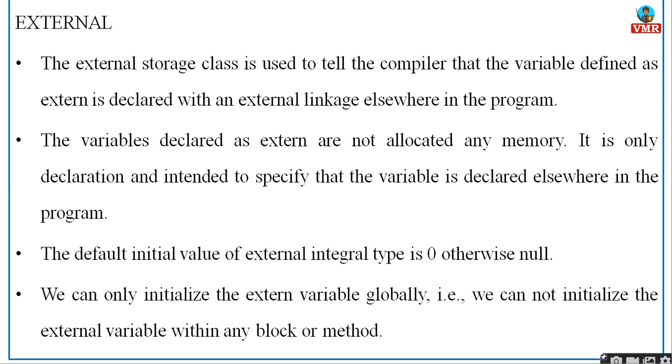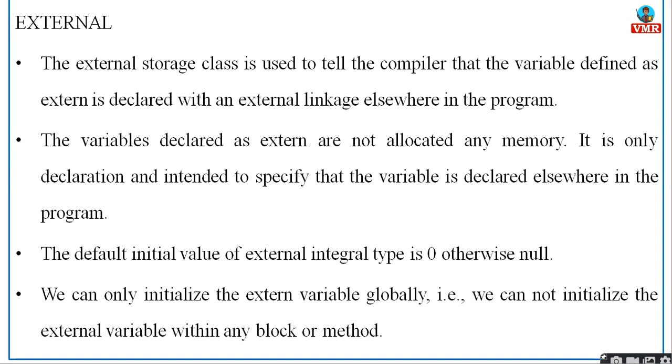And then finally comes external. The external storage class is used to tell the compiler that a variable defined as extern is declared with external linkage elsewhere in the program. So you are not going to declare the variable in your program, but you will be using it. A variable declared as extern is not allocated any memory. It is only a declaration, intended to specify that the variable is declared elsewhere in the program.